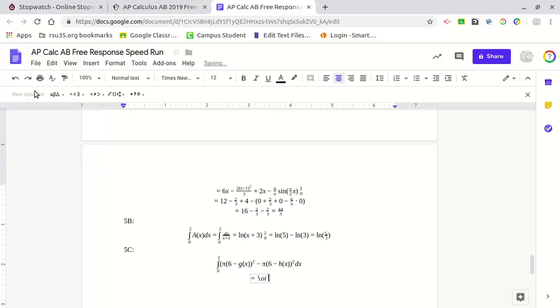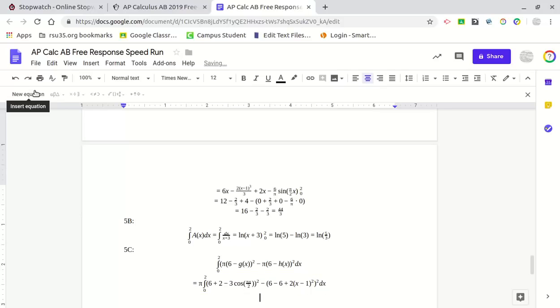And this equals, and I'm going to put the pi out front because that's probably easier, the integral from 0 to 2 of 6 plus 2 minus 3 cosine of pi x over 2 squared, minus 6 plus 2 times (x minus 1) squared, dx.